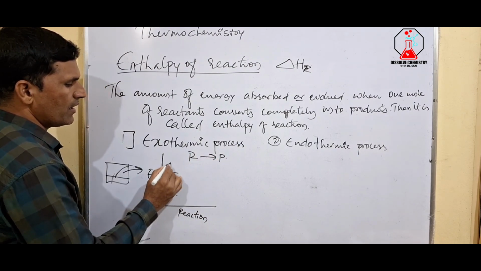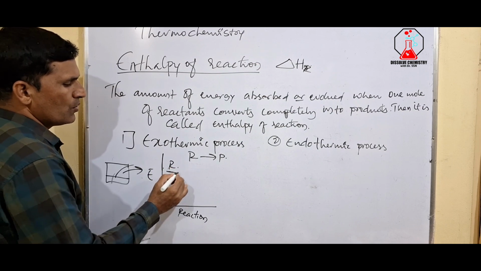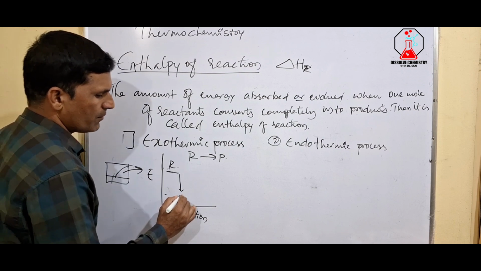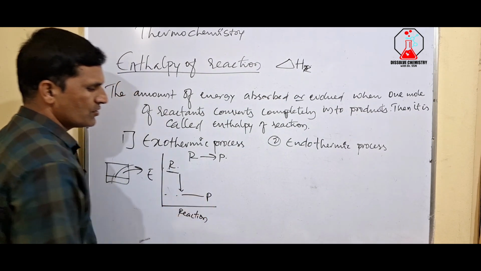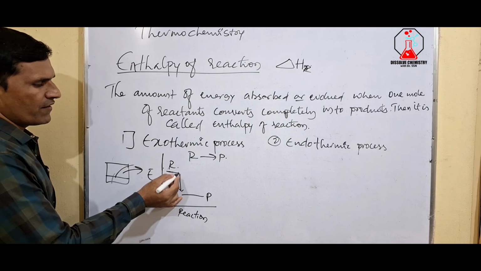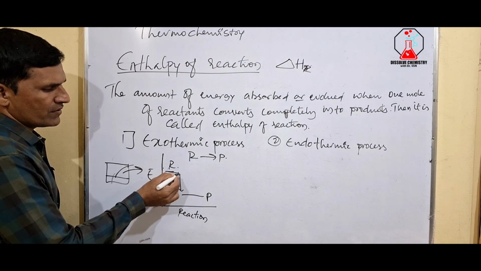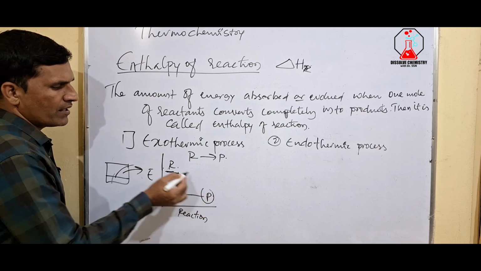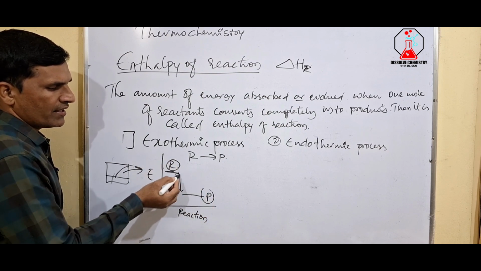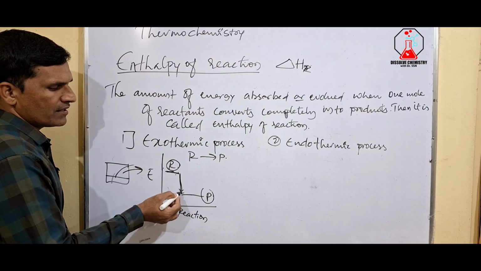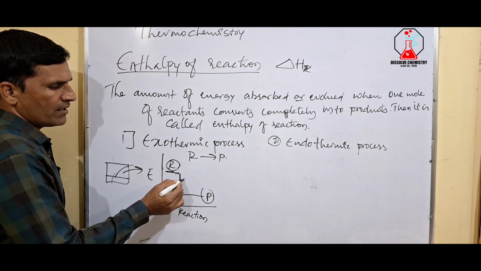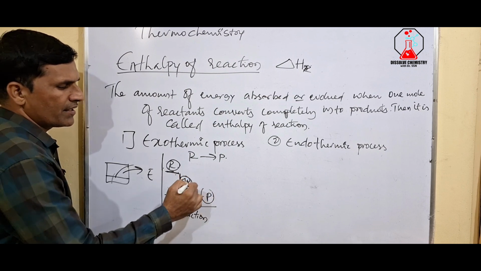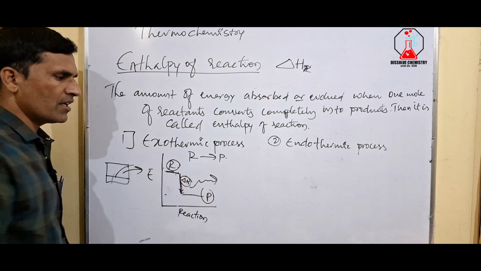Here we will take R. During this conversion, your products have lower energy, and the reactants have higher energy, and this difference in energy is going to come out as heat. In the form of heat it is being evolved.